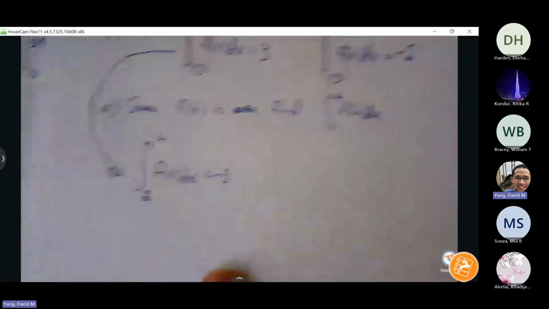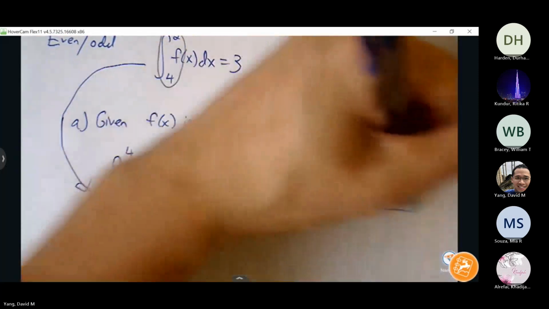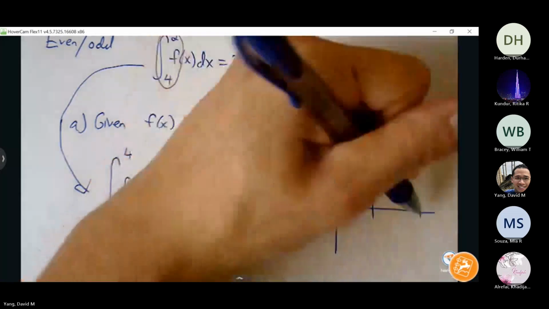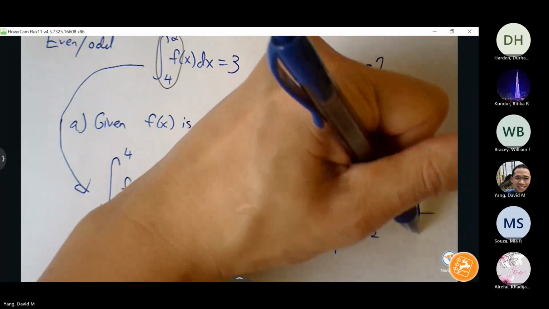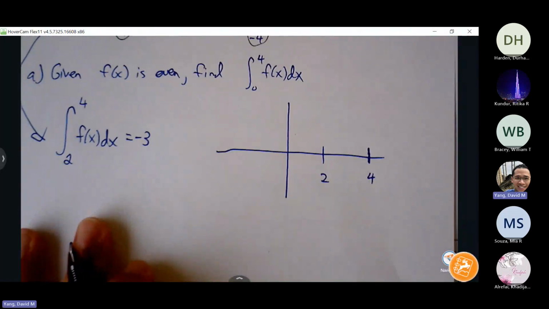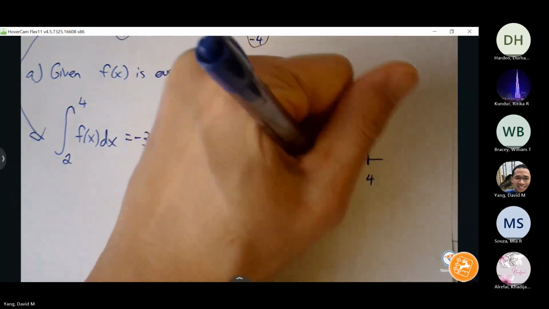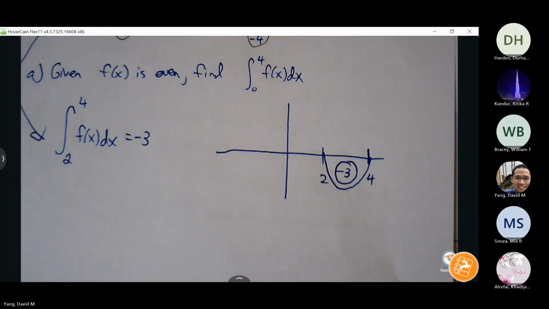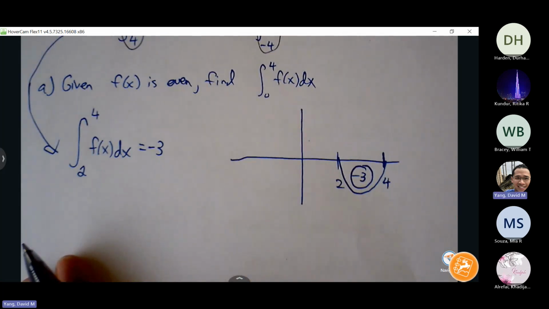Okay, so let's create this graph here. So 2 to 4 is showing a negative 3, which means the other side must be what?